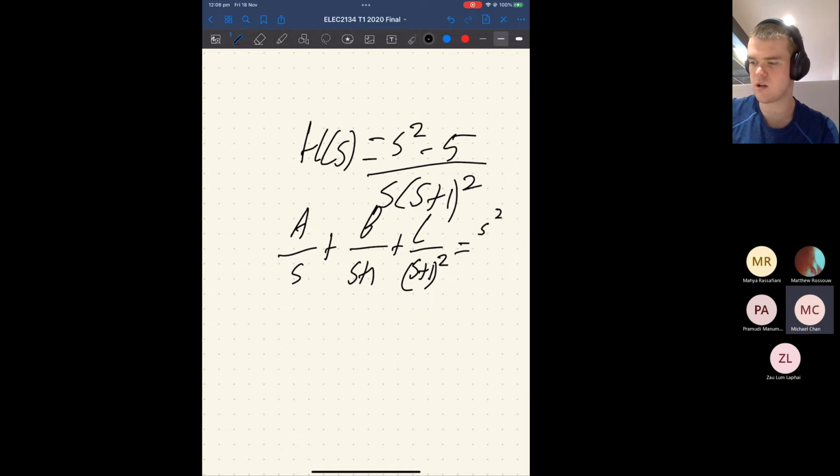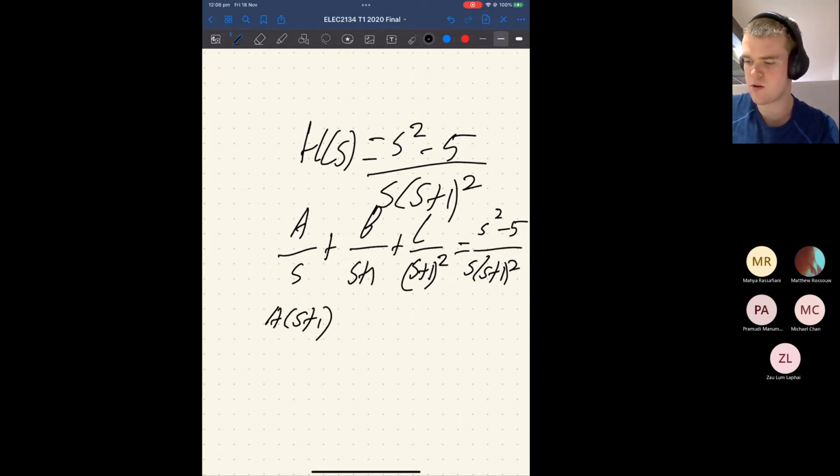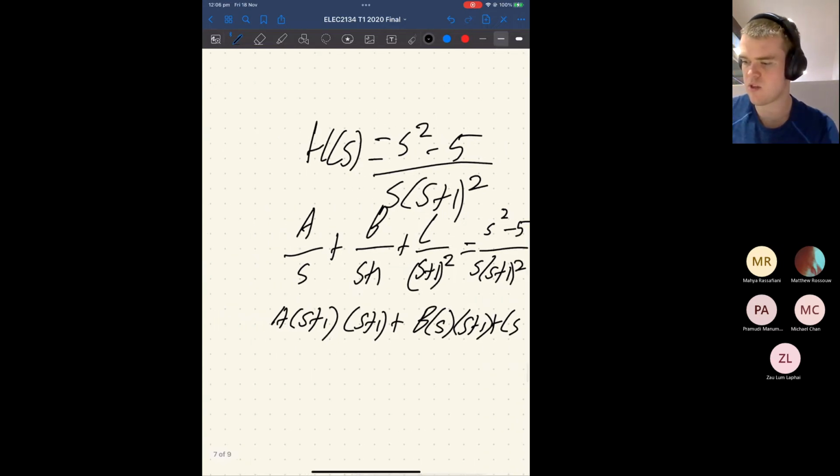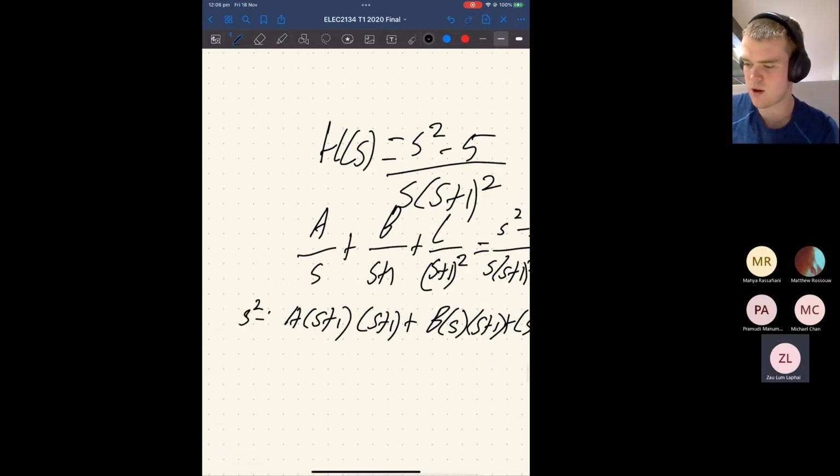Then over s(s plus 1) squared we'll get A(s plus 1) squared plus Bs(s plus 1) plus Cs, and we want to make sure that is equal to s squared minus 5.